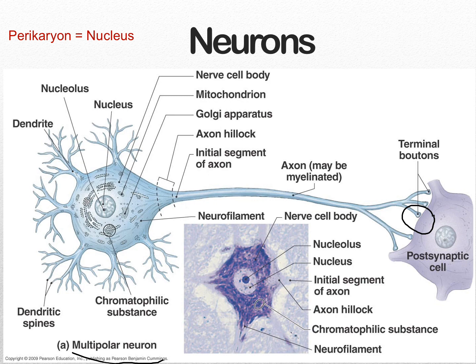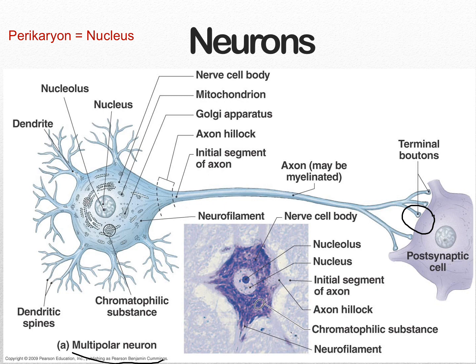And then we have the chromatophilic substance, and this is also called Nissl bodies. What they do is they stain purple. So it has a pigmentation effect in neurons.